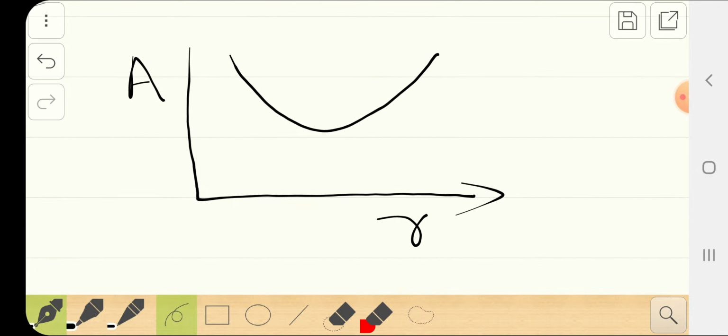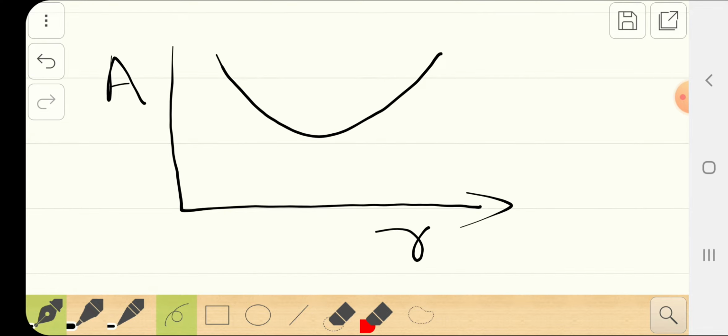If this is the case, you can always find the slope at any point, right? Like this is the slope here, this is the slope there. So you can also always find a tangent line at any point, right?